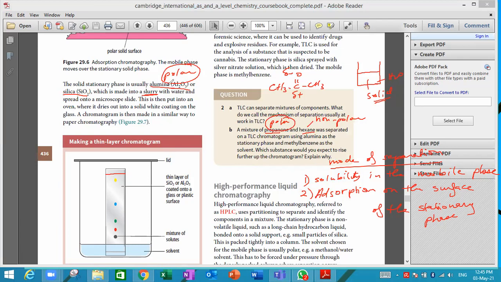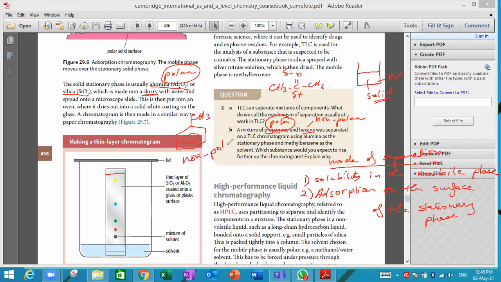Since alumina is polar and propanone is also polar, propanone would like to be adsorbed at the surface of the thin layer. But hexane would like to move with the mobile phase because the mobile phase is non-polar as well. It is methyl benzene. And we have a methyl group, so all of it is non-polar.